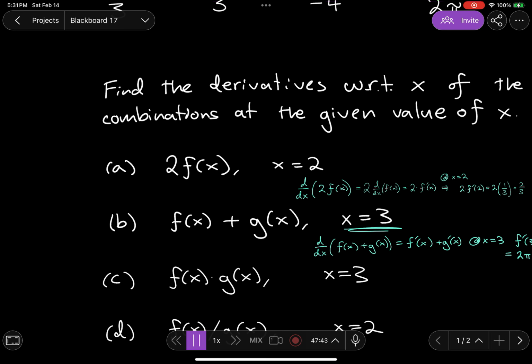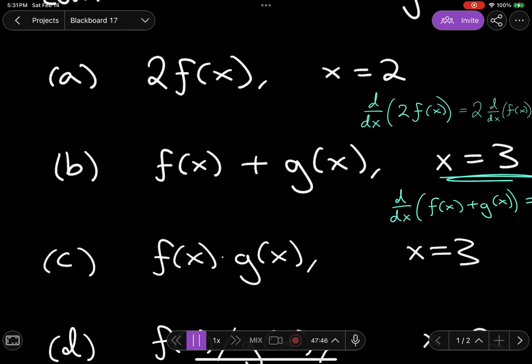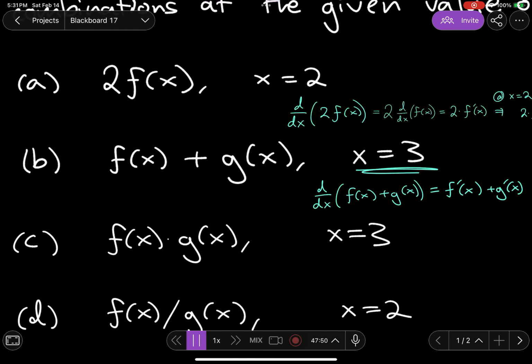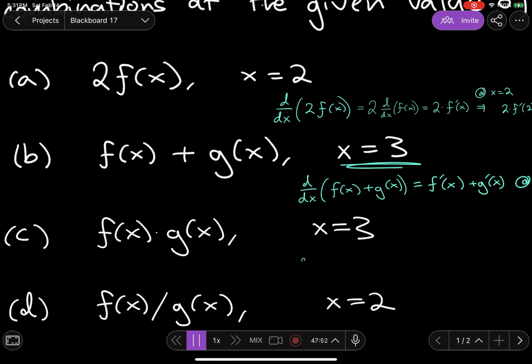All right, finally. So what we want is the derivative of the product of f and g. In order to do that, the derivative of the product is unfortunately not the product of derivatives. We have to follow the product rule, which we have proven.